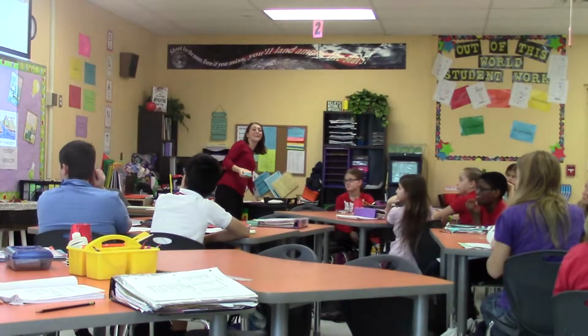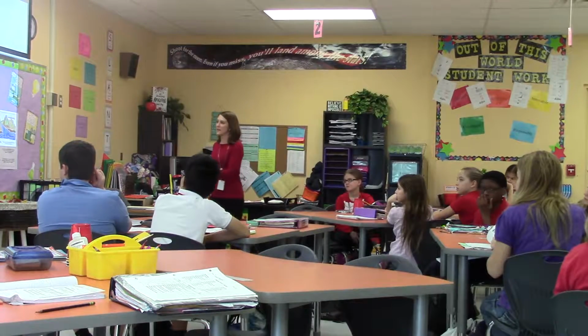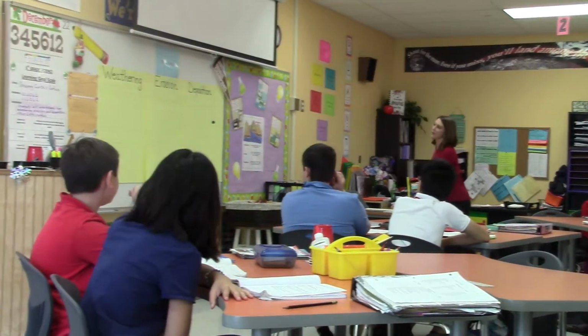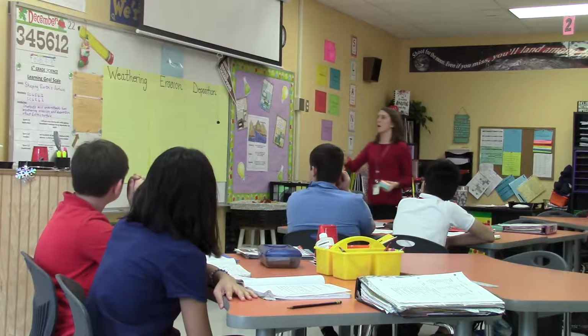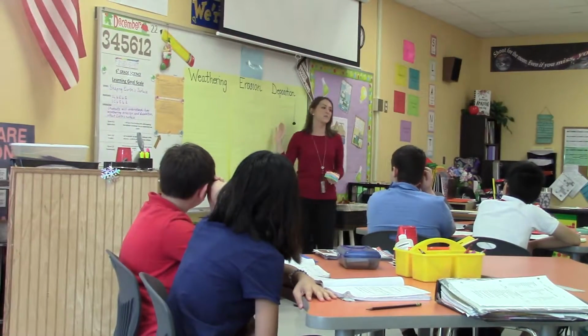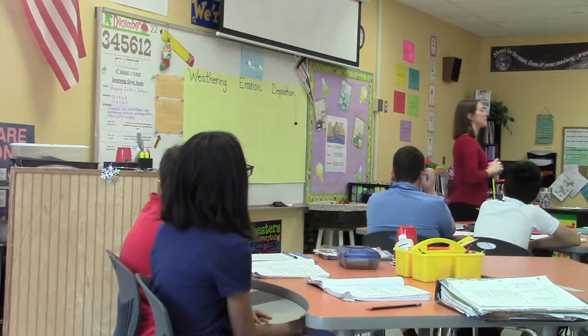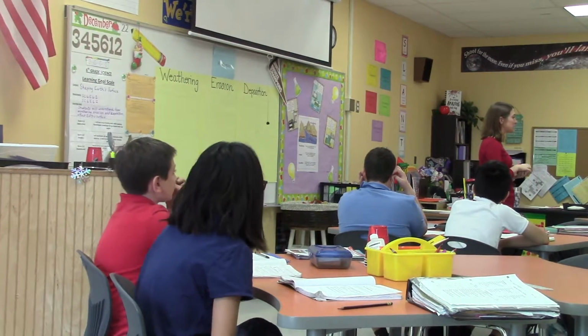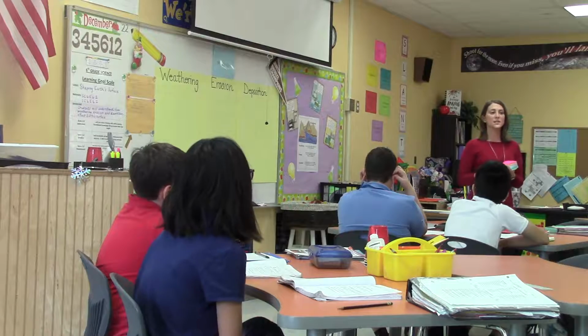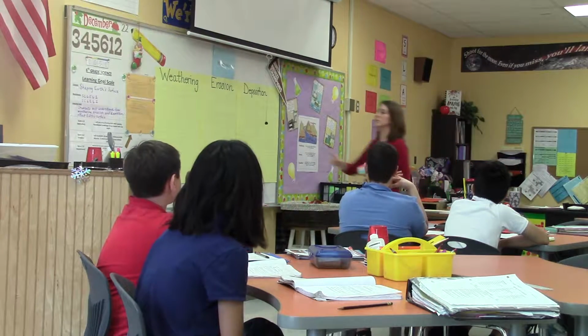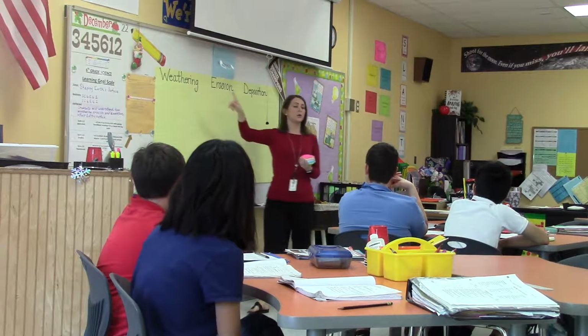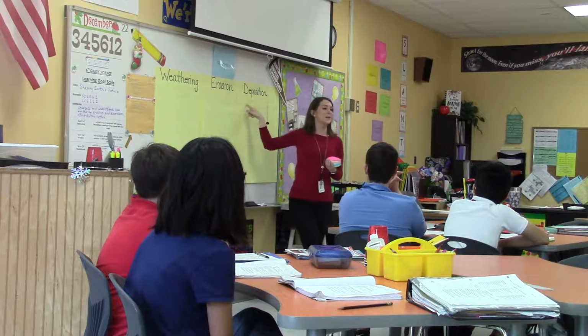I will explain that later. Okay, so you guys have 3 pieces of paper. One is for weathering, one is for erosion, and one is for deposition. Each group will get their own color. You guys are going to take about 3 to 5 minutes, together as a group and discuss one thing you have learned about weathering, one thing you have learned about erosion, and one thing you have learned about deposition.